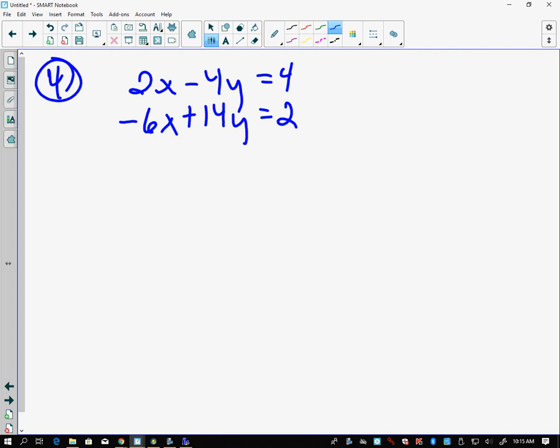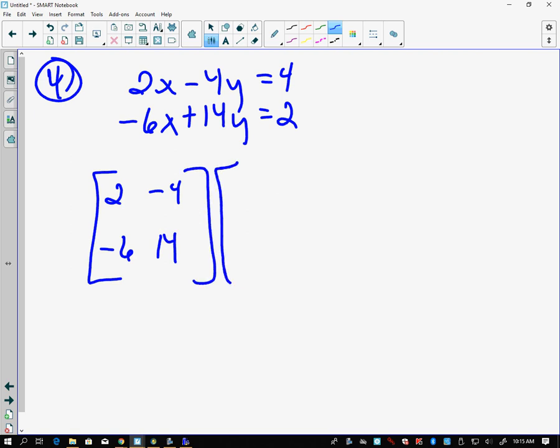They want you to write the matrix equation of the system. So basically what they do is a little different than kind of what I've showed you, but it won't change your answer. But you would get 2, negative 4, negative 6, 14 times your xy equation equals your solution equation of 4 and 2.